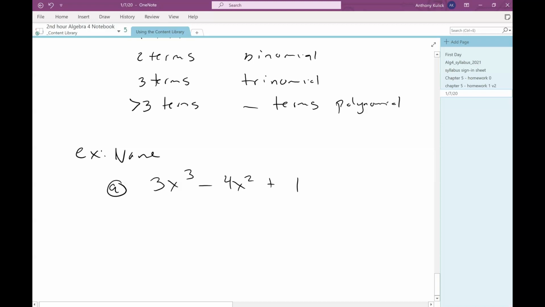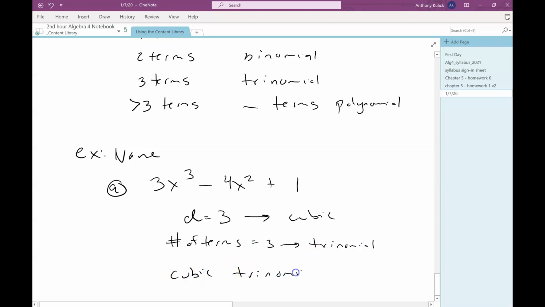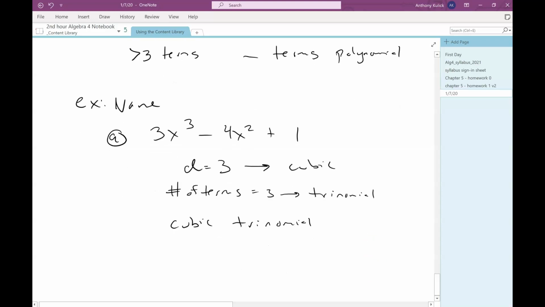And the number of terms is also 3, so it's a trinomial. So we could call this a cubic trinomial. Everybody okay with that idea? I think that's it for vocab. If I think about anything else that I omitted, we can always add it in later, but I think those are the big ones.